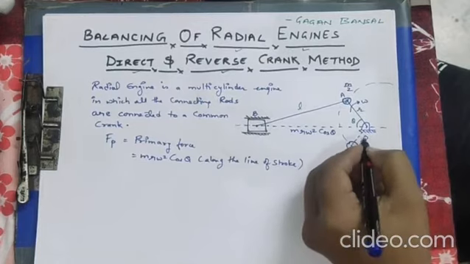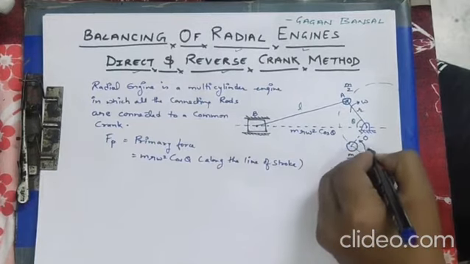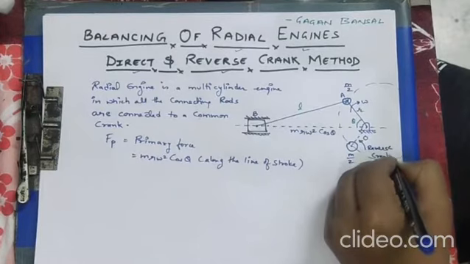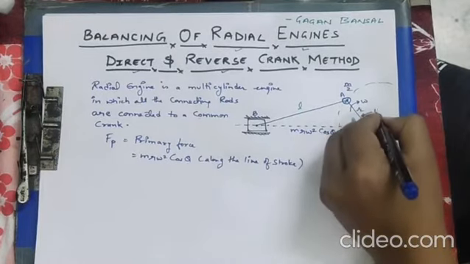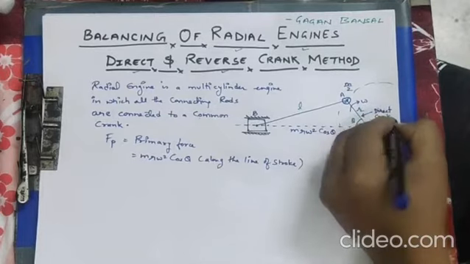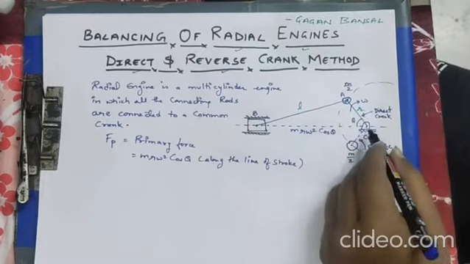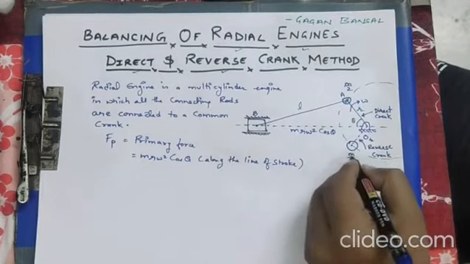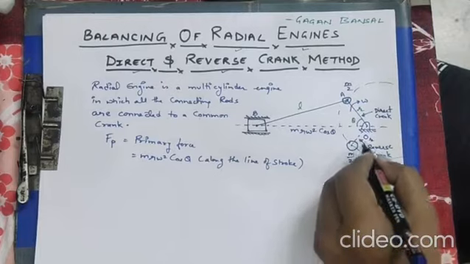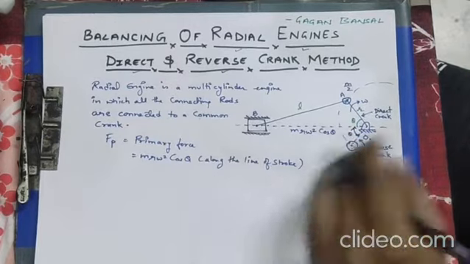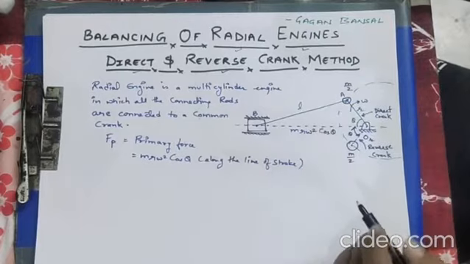This is known as the reverse crank, and this is your direct crank. So reverse crank is placed with the same radius r and mass m by 2, just opposite to the direct crank.